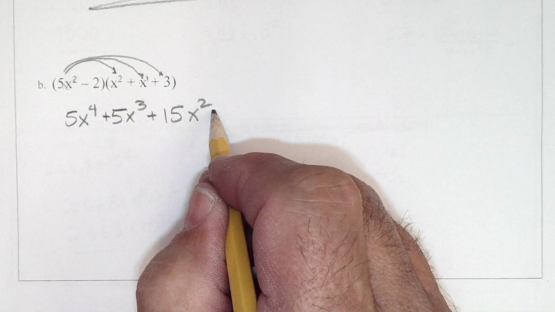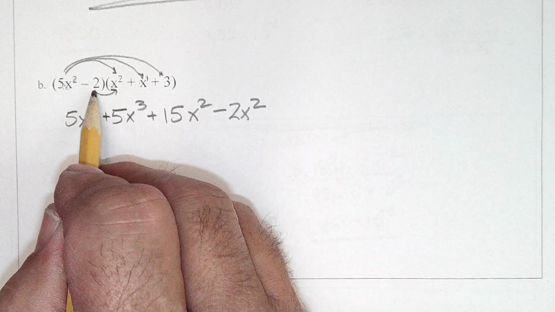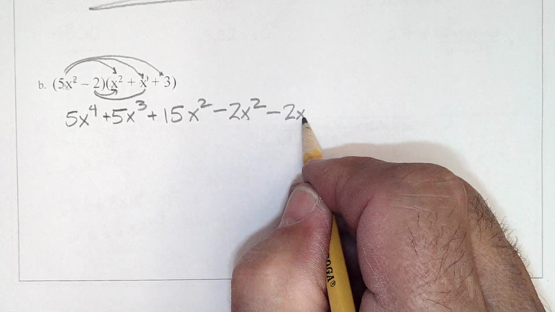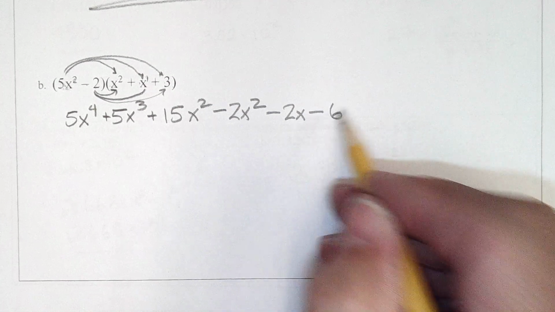Minus 2 times x squared is minus 2x squared. Minus 2 times x is minus 2x. And minus 2 times 3 is minus 6.